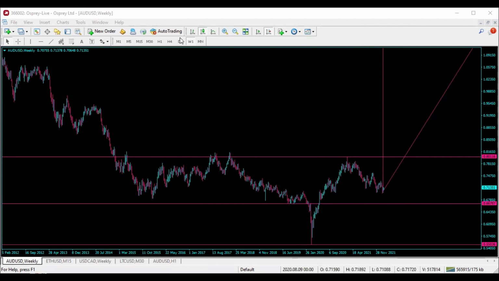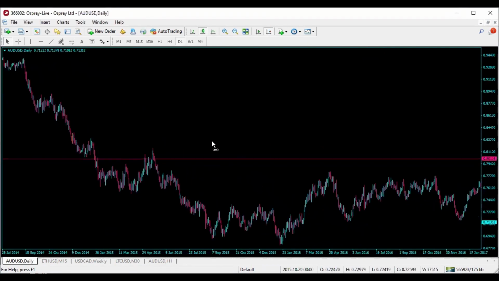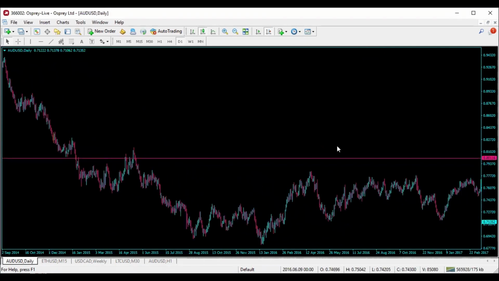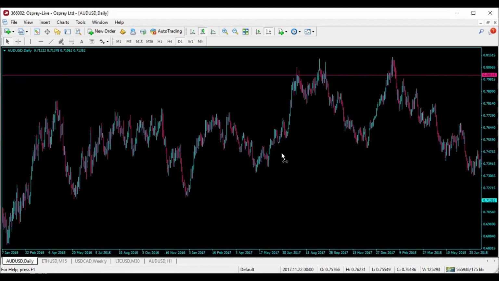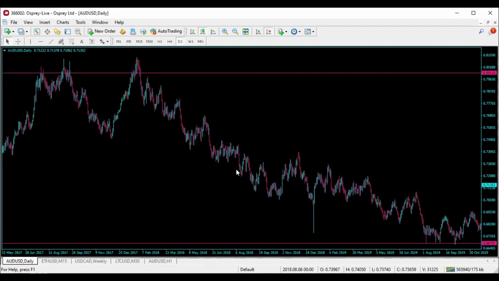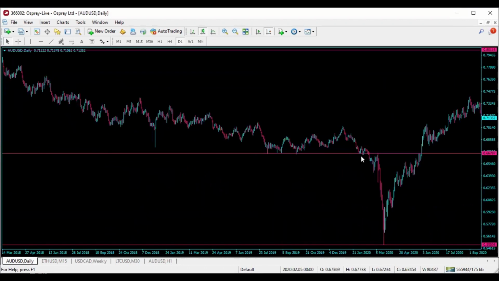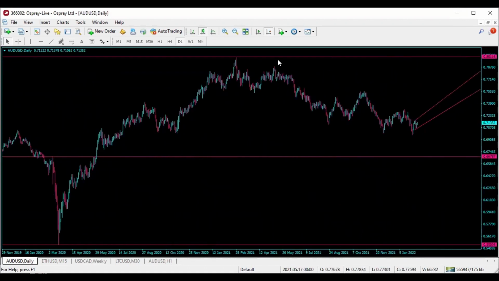I go down to the daily, and I'm sure you've already seen them without me even pointing them out. They are absolutely 100% all over these charts. Now, here's a big fat one right here.